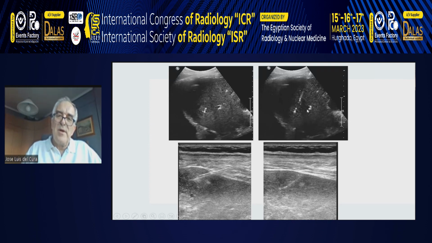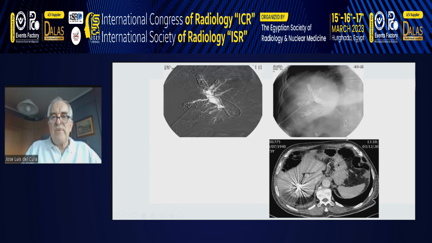For this, we performed first a placement of fiducial markers in the lesion we are going to treat with radiofrequency. After this, we performed radiofrequency ablation in the lesions in the left lobe.